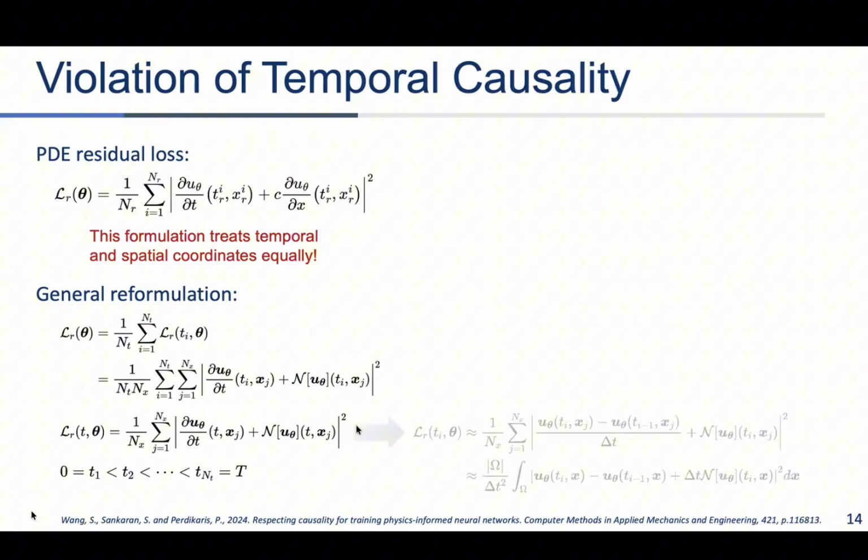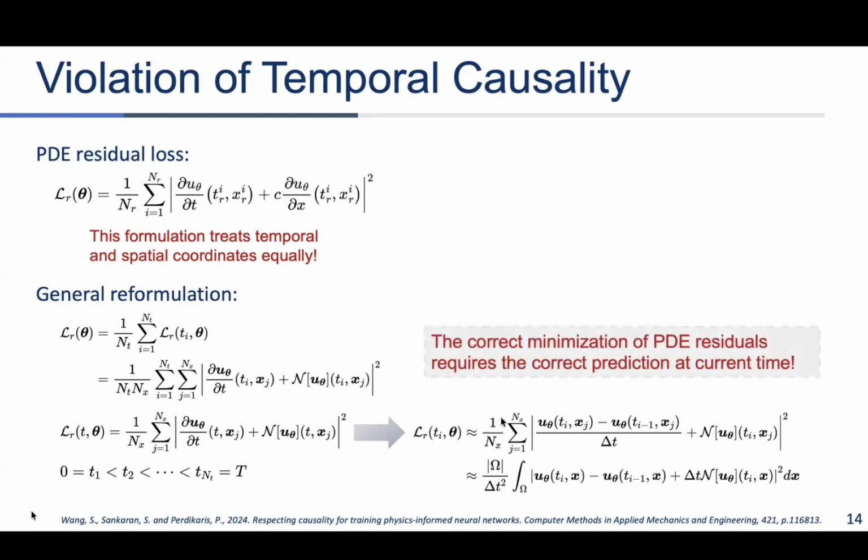With that, if we further discretize the temporal derivative by some numerical scheme, then you can see this defined temporal PDE residual loss at time t_i will be approximated by such an integral. If you stare at this formula, you may see that the correct minimization of the temporal PDE residual loss at time t_i requires the correct prediction at t_{i-1}.